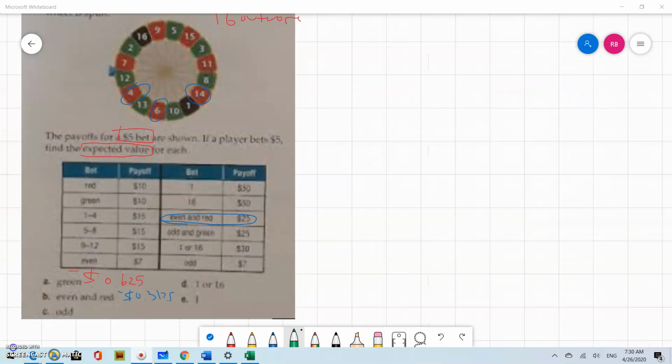Let's look at C. All right, odd number, which is a $7 payoff, and then let's count how many odd there are. So don't mind the color. I just count odd. 1, 2, 3, 4, 5, 6, 7, 8. So there are 8 out of 16 that will give me $2.